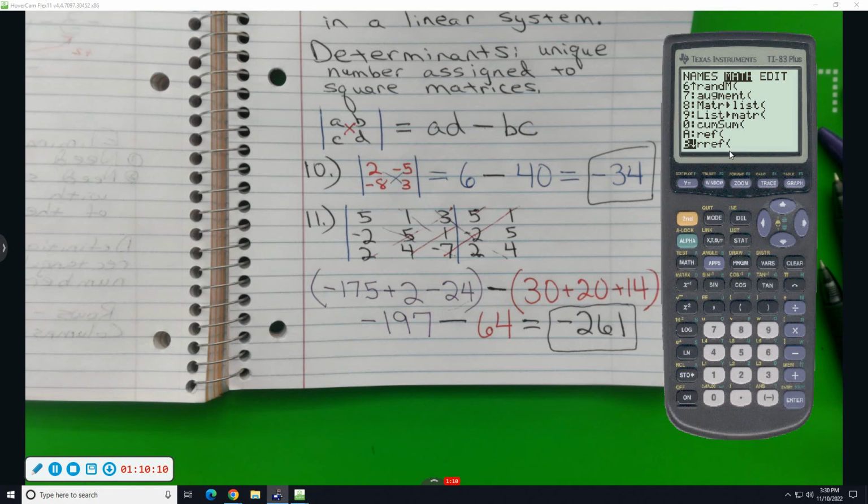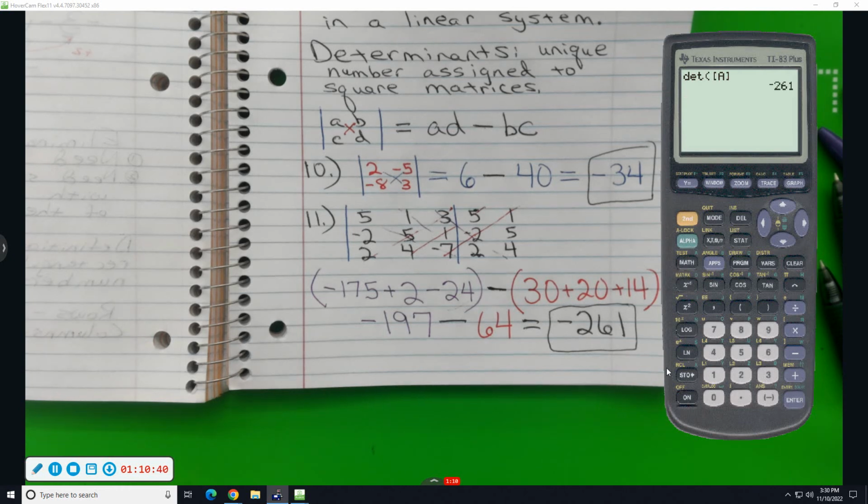That's how you would take the matrix and write it with ones down the diagonal and zeros elsewhere. But that's not what we're doing. We're looking at determinants. So you say 1, determinant, and then you've got to tell it which matrix to use. So once again, second matrix, and either hit a 1 or enter, and it had better say negative 261 when I hit enter now.